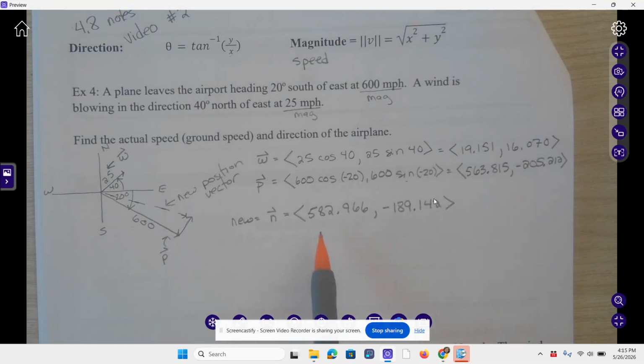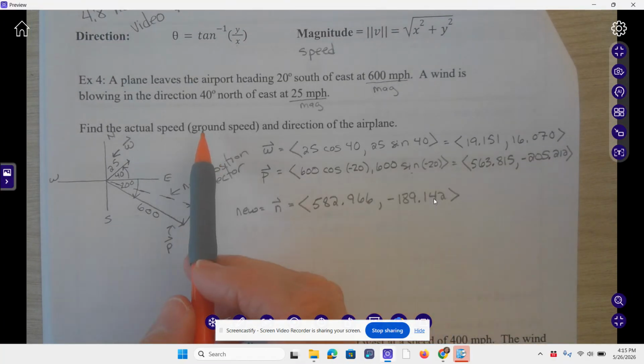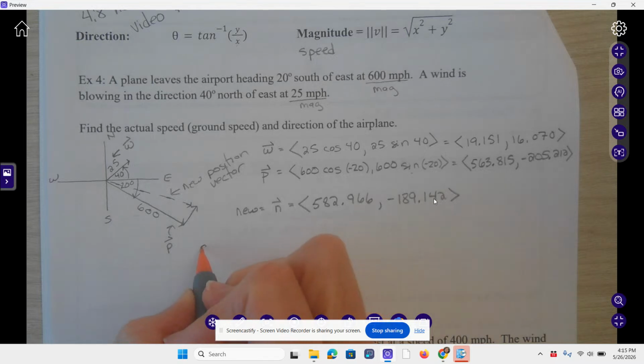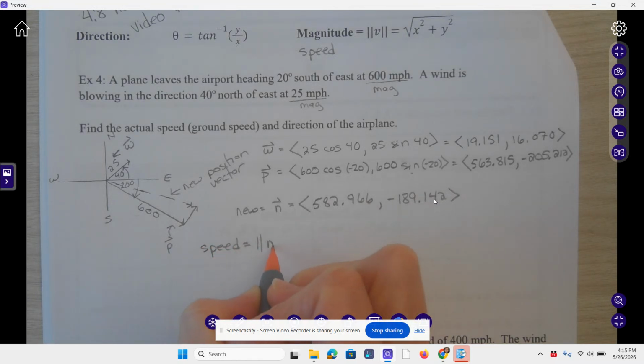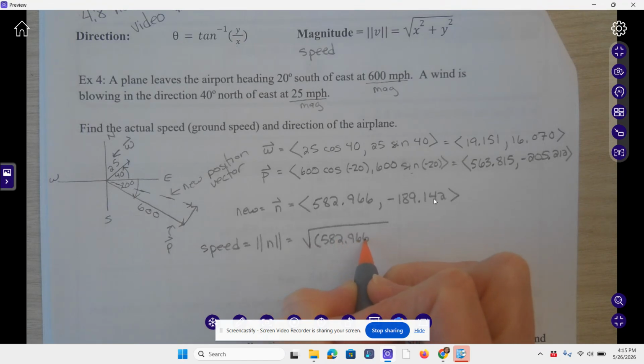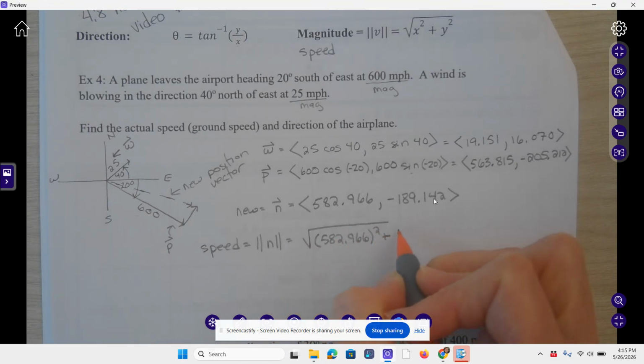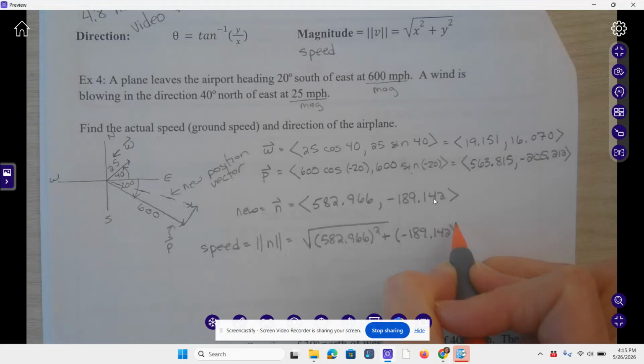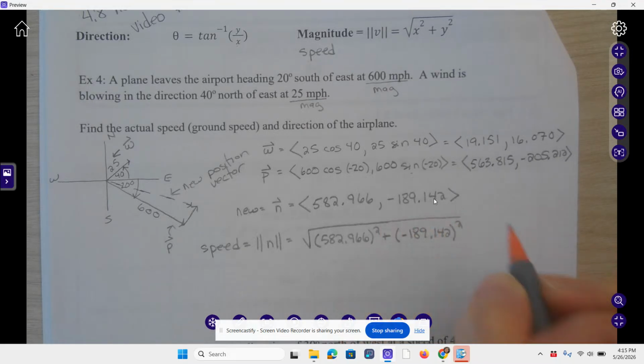Now we want to find the magnitude of this vector, which will give us the speed, because they asked us for the speed and the direction. So speed is going to be the magnitude of vector n, which is the square root of 582.966 squared plus negative 189.142 squared.